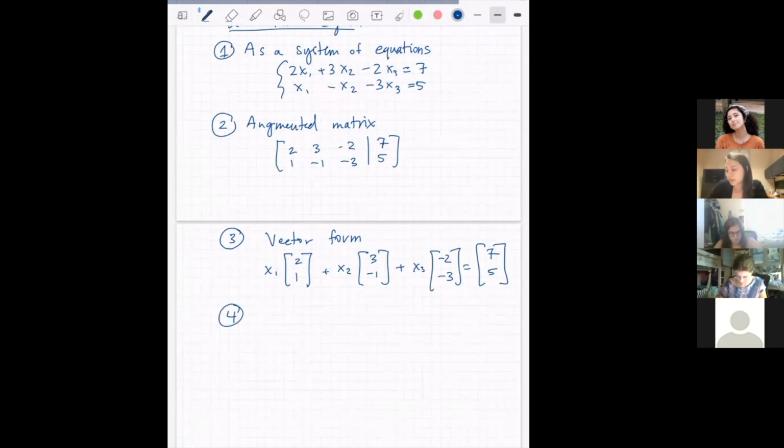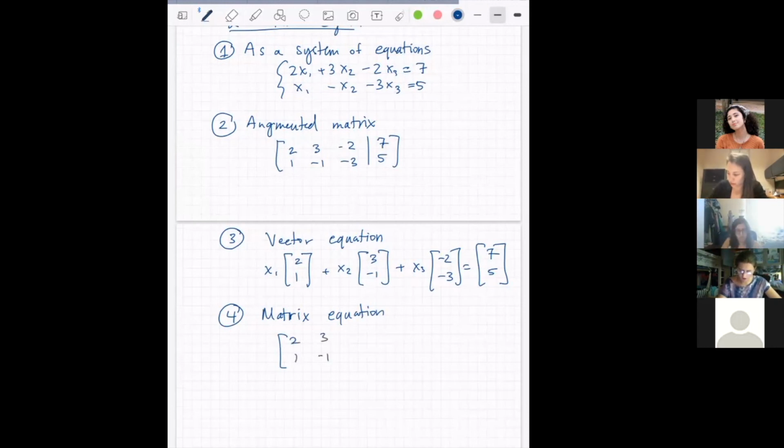And then lastly, we have the matrix equation. I guess I want to call this a vector equation, right? And then this is a matrix equation where we just take all of these columns. So this is similar to the augmented matrix, but we'll write it in this way.